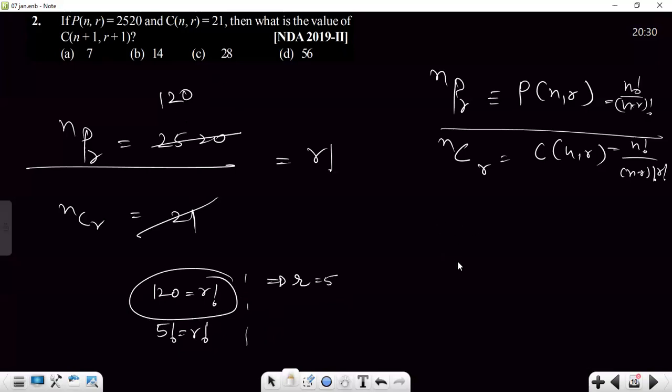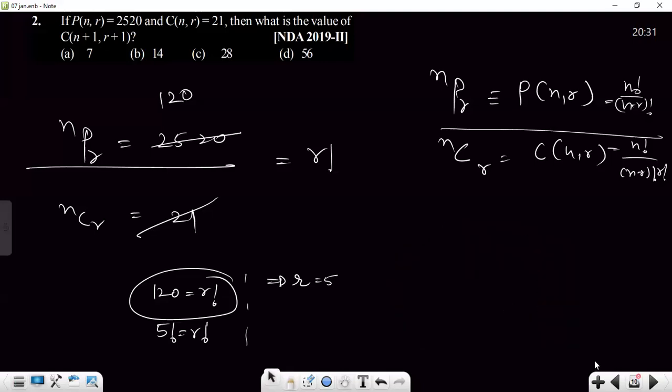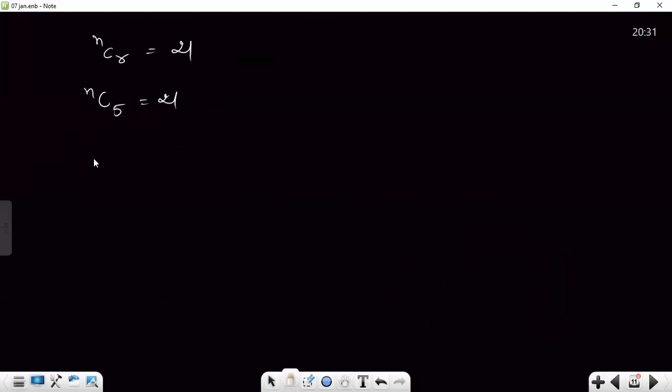Now we know nCr is given as 21, and we have found out that r is 5. Now let's expand it using the formula on the next page. n upon (n minus 5) factorial into 5 factorial is 21.